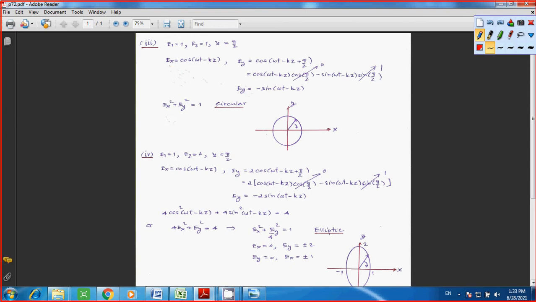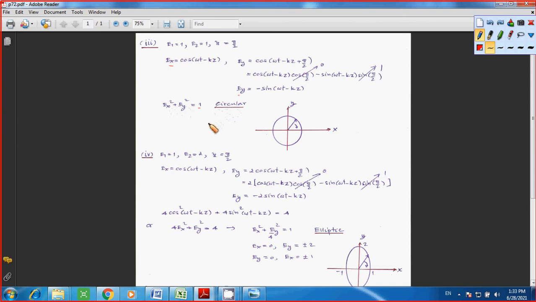Now you can see that EX squared plus EY squared is equal to 1. This is the circle equation, right? With the radius 1, the coefficient of EX squared and the coefficient of EY squared are equal, so that gives you a circular polarization.